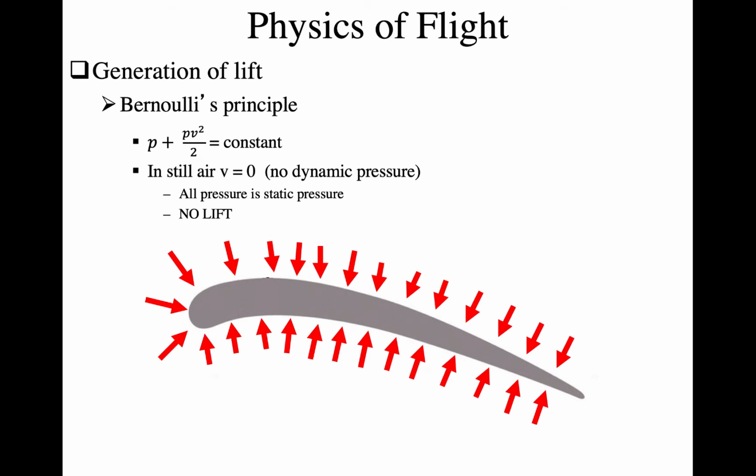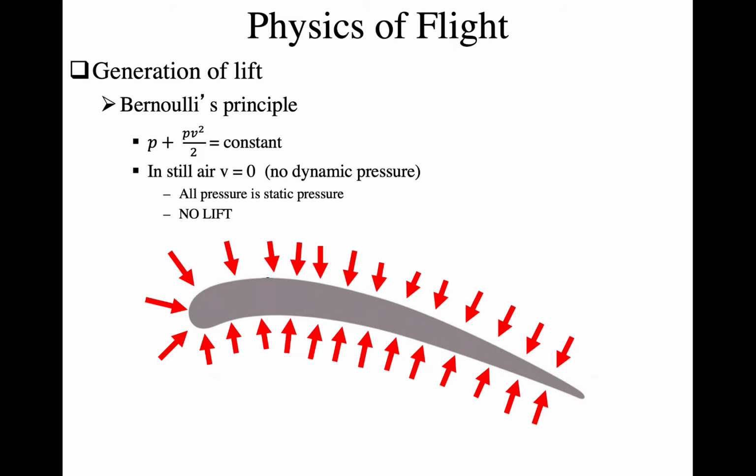So when a wing is just sticking out there and there's no air movement over it, all we have is static pressure, represented by the big red arrows here, right? Because the V is associated with the movement of air, and if there is no movement of air, and you put a V in this formula for the part associated with dynamic pressure, that's a zero.